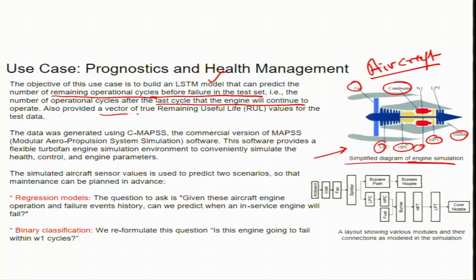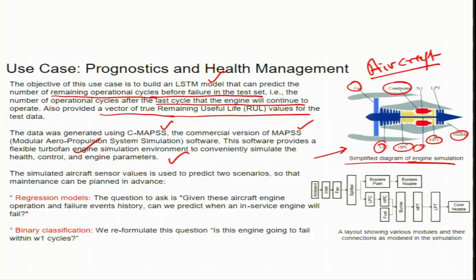Also provided is a vector of the true remaining useful life values from the test data set. The data set which was generated is called C-MAPSS, and its commercial version is called MAPSS, modular aero propulsion system simulation. This software provides a flexible turbofan engine simulation environment to conveniently simulate the health, control and engine parameters.